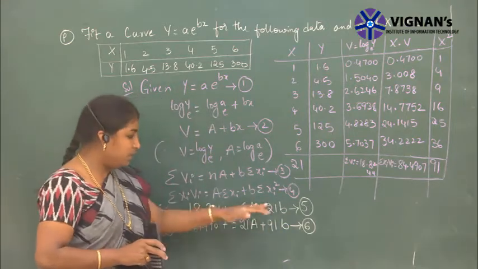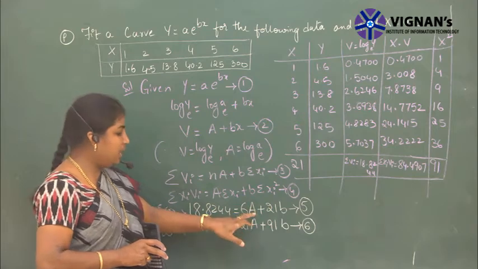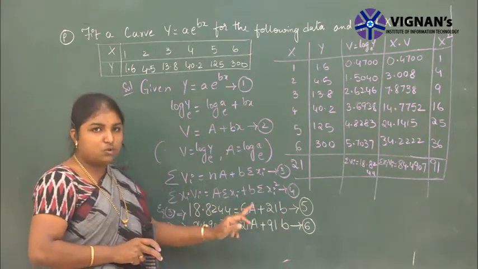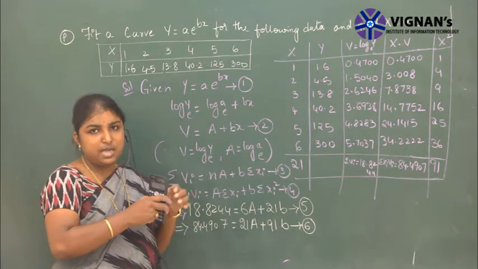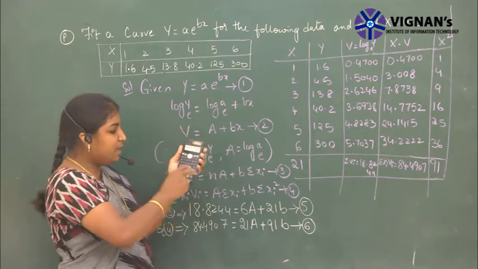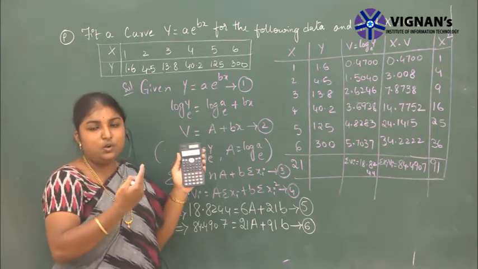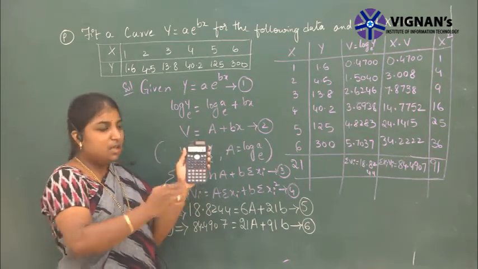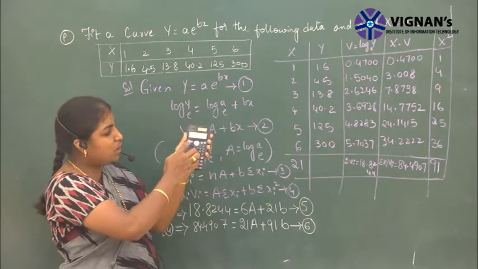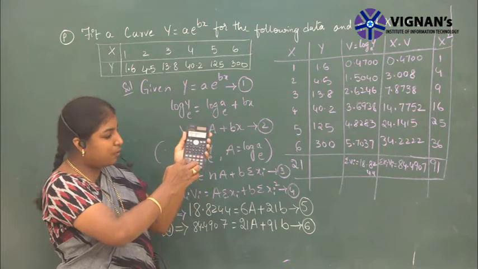So now we are solving these two equations. We get capital A and small b value. For solving these two equations, two unknowns, we are finding directly using the calculator. For this, we change our calculator mode into equation mode. So press mode 3 times, we get equation 1. So press 1. Two unknowns we are having, so press 2.